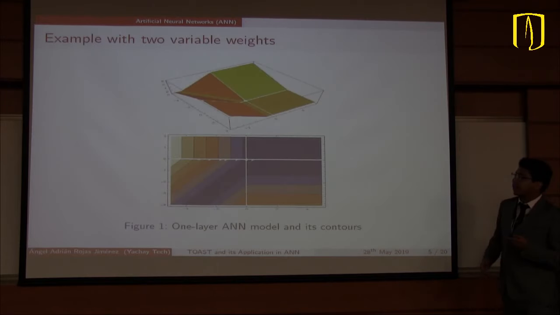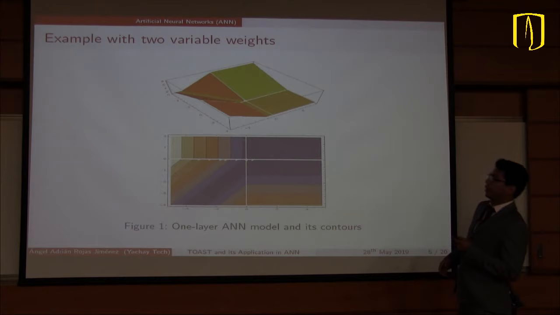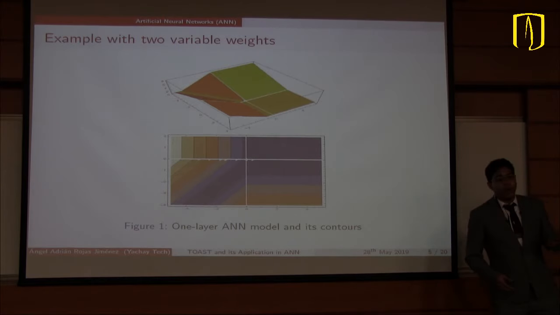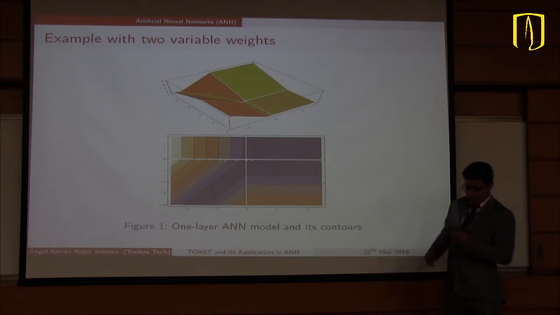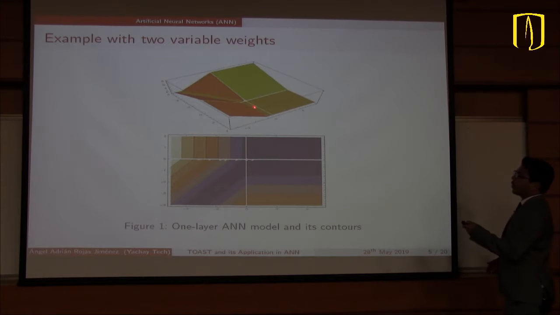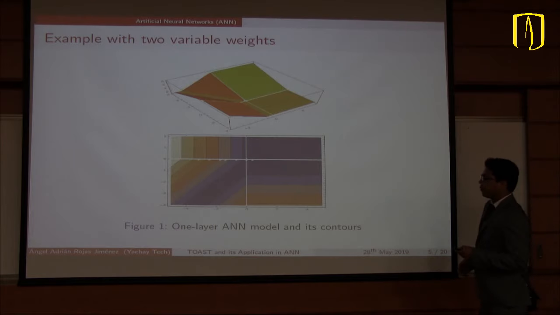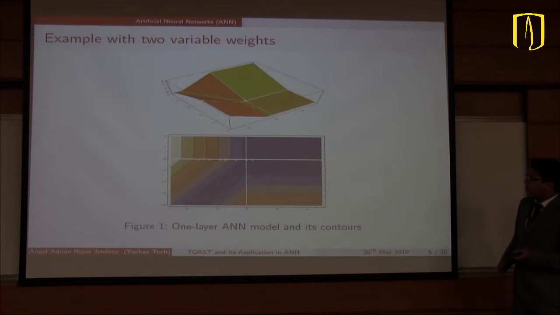So there is a graph, an example, with two variable weights. So we just consider a neural network with 2 weights, and then we can see that there are a lot of kinks of this surface, and so far we can argue that the global minimum of this function can be here. Okay, I will explain with more detail afterwards.